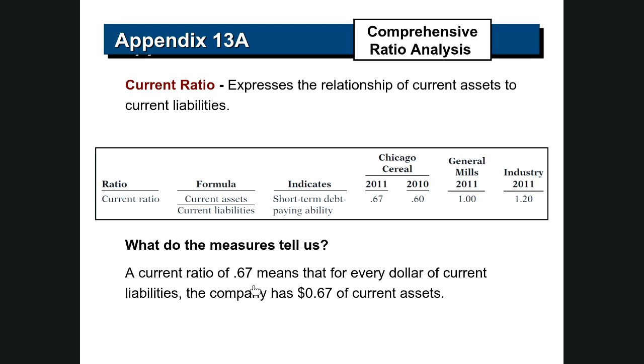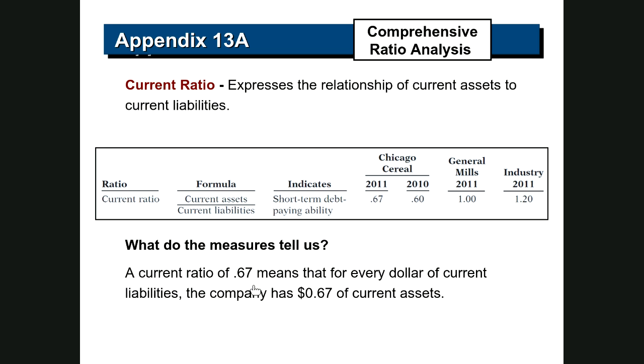Now let's take a look at the industry average. The industry number says 1.2. What does that mean? Which is higher, the current assets or the current liabilities in the industry? Current assets. That means the current assets are 20% more than the current liabilities. 0.2 means they have 120 in current assets and 100 in current liabilities.